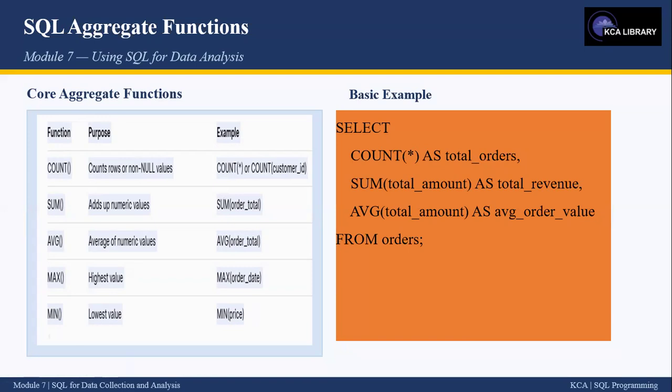Here is a practical example. SELECT COUNT(*) AS total_orders, SUM(total_amount) AS total_revenue, and then find the average total amount as average_order_value FROM orders. This single query gives you a quick overview of your sales performance.